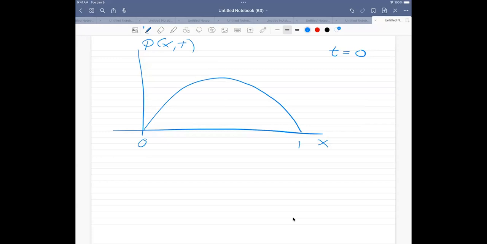This could be the temperature distribution of a rod. You have a rod with a given temperature, and you could assume that it's cold at the two ends, and then it has an internal temperature. This is just one of many examples.